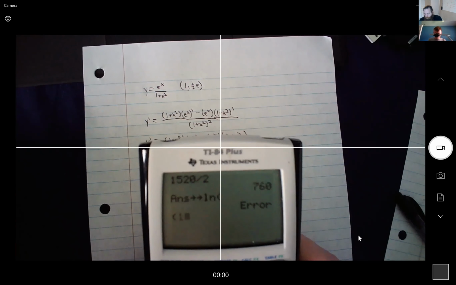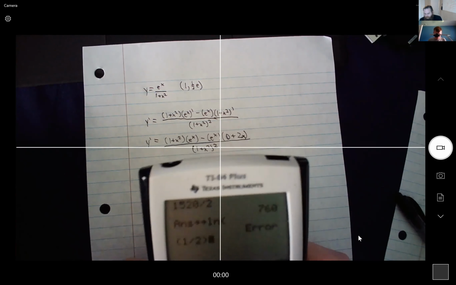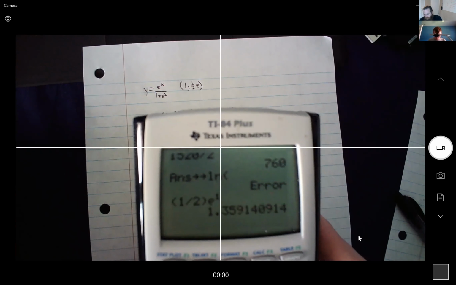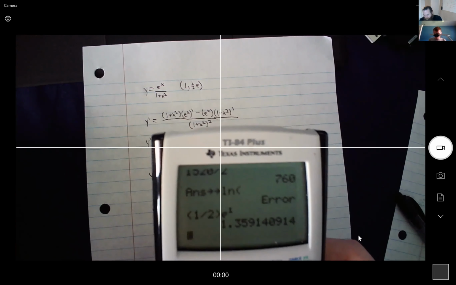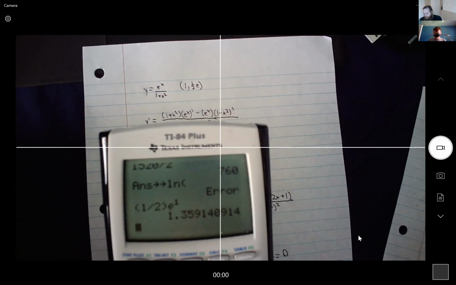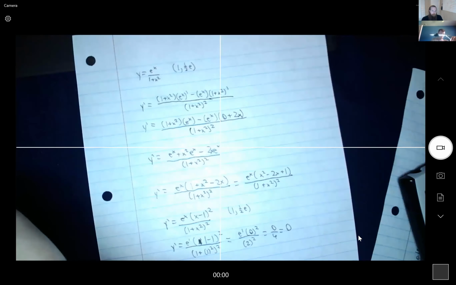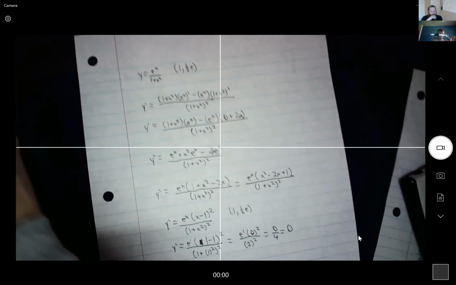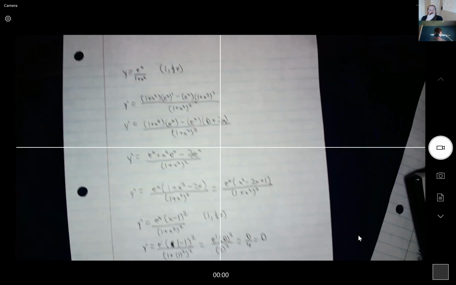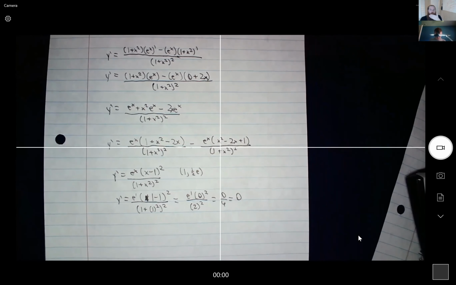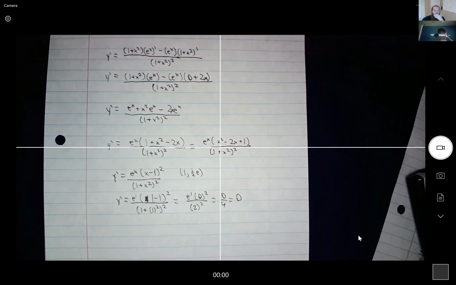If we do 1/2 times e to the 1, you get that 1.359 number. Yep, so you can see on the graph there that the tangent line really is horizontal. So the slope of that tangent line really is 0. That's a nice verification.